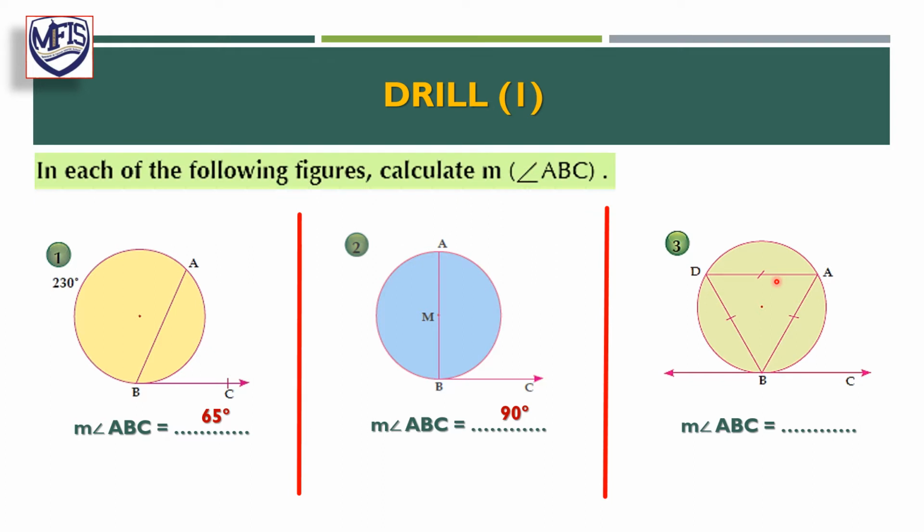Measure angle D equals 60 degrees. Why? Because triangle ABD is an equilateral triangle. Then measure angle D equals 60. Now measure arc AB is twice 60 equals 120. And measure angle ABC equals half measure arc AB, half of 120. Now measure angle ABC equals 60 degrees.